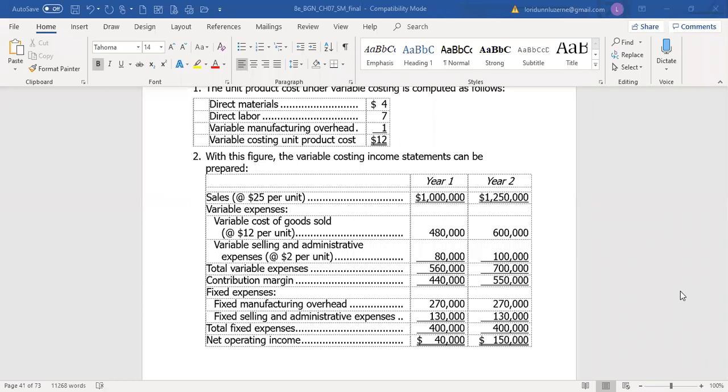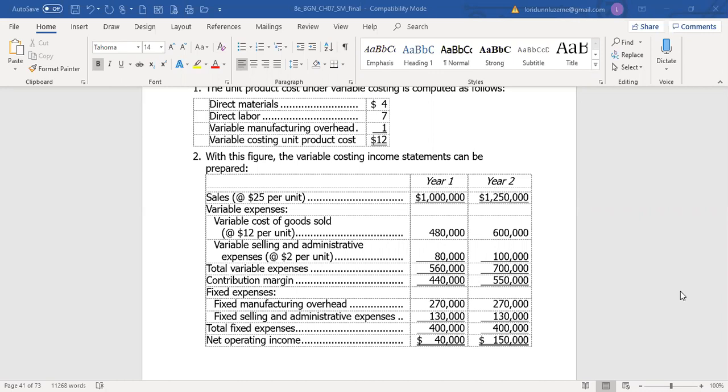Well, we have the ones that make up our product costs, direct materials, direct labor, and the variable portion of overhead, $12 per unit. So cost of goods sold would be the $12 per unit times the number sold, 40,000 for the first year. And then $12 times the number sold, 50,000 for the second year.